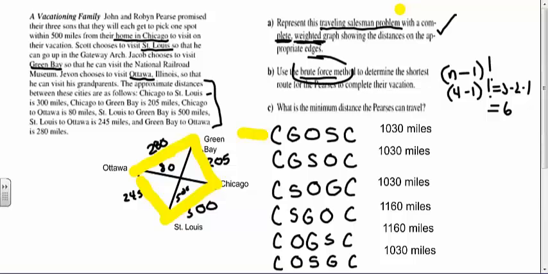Well, if you look at the column that has all the different mileages, the minimum distance would be 1,030 miles. Now, if it asked you which route or which Hamilton circuit they could take to achieve that minimum distance, any one of the 4 Hamilton circuits that have a total weight of 1,030 miles would be a correct answer.